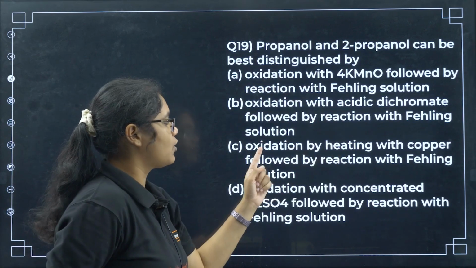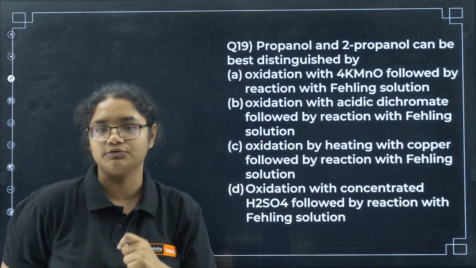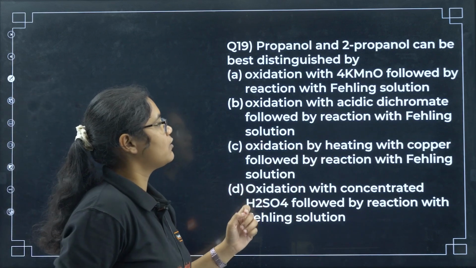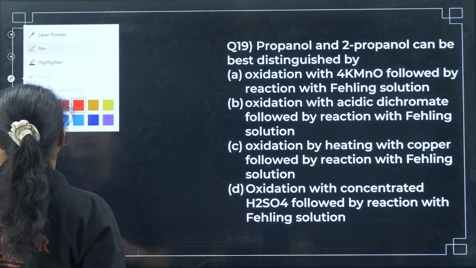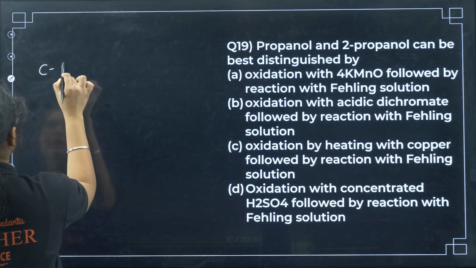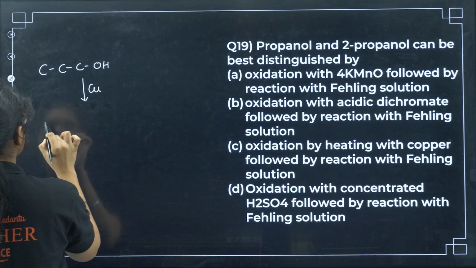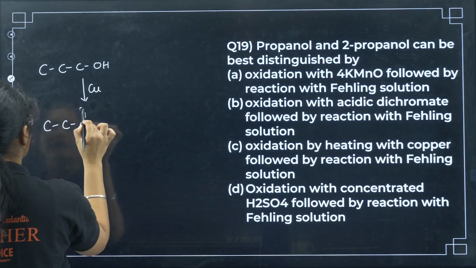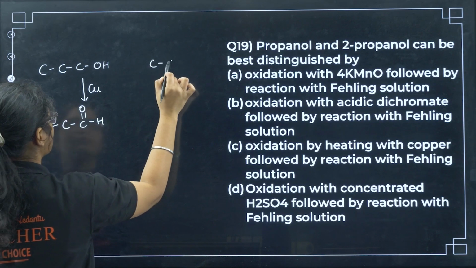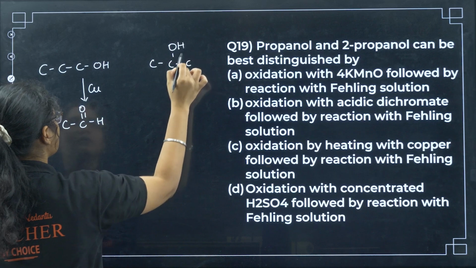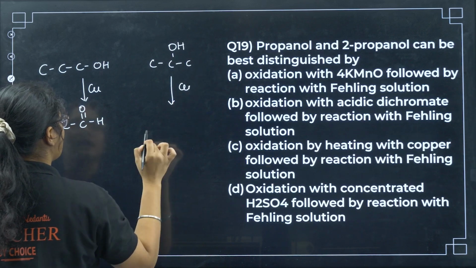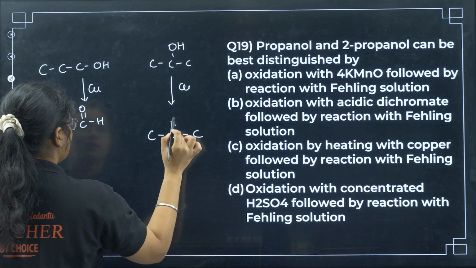Oxidation by heating with copper followed by reaction with Fehling solution. Yes, if I oxidize them both with copper, right? If I have propan-1-ol and I treat it with copper, I will get an aldehyde, right? And if I have propan-2-ol, then with copper I will get this one.